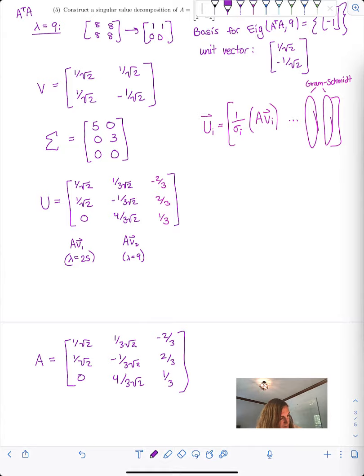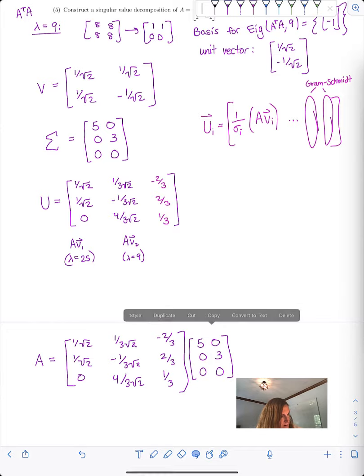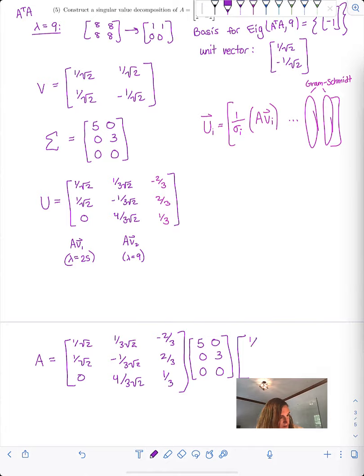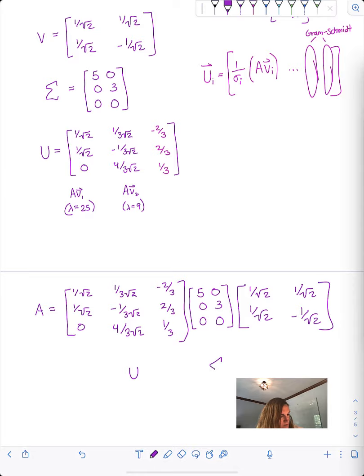I guess we can be faster and put sigma as our second entry. And now we need V transpose as our last entry. Actually in this case, V transpose equals itself, but this is U, sigma, and V transpose. And with that, we will stop.